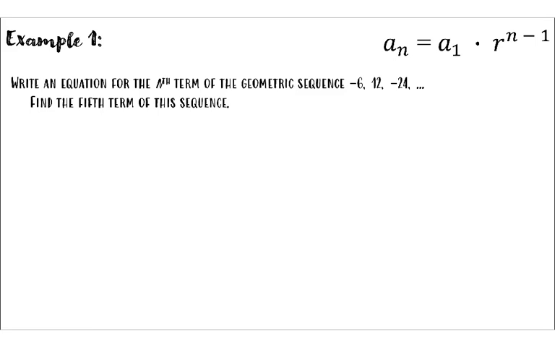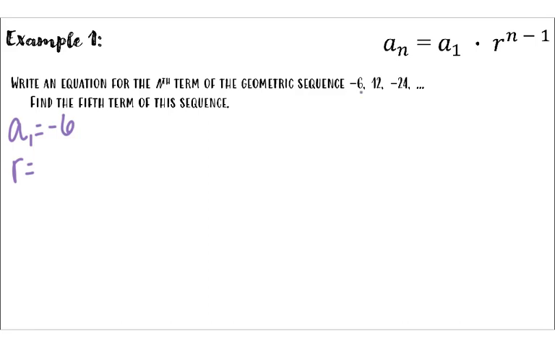There are two things that you're going to need when you are writing these equations. You're going to need the a sub 1, or the initial value, and you're going to need the common ratio. For us in our sequence, the initial, or a sub 1, is -6. That's the first number in the pattern. And then the common ratio, let's see what's happening here.